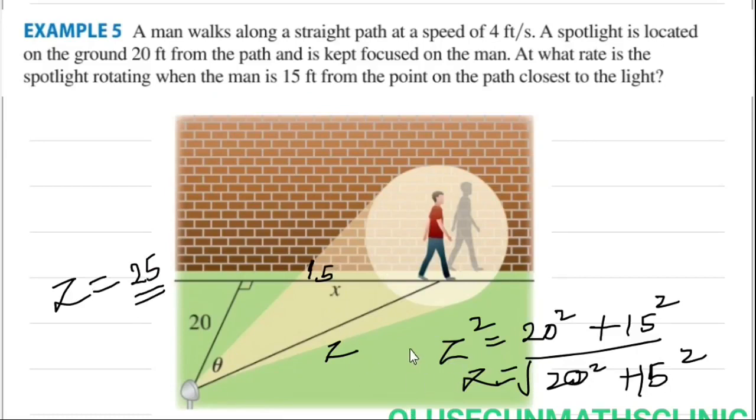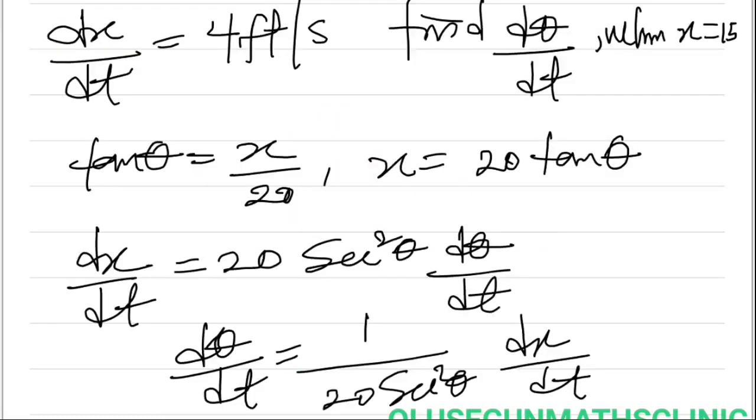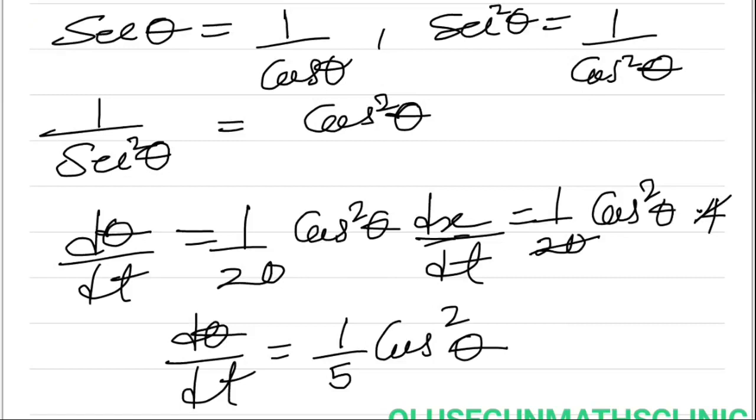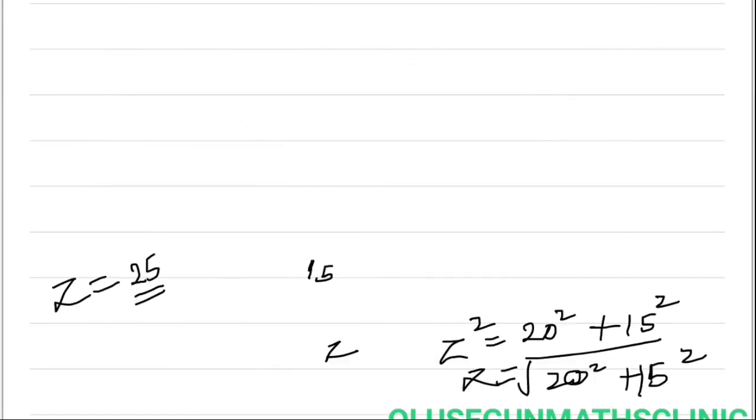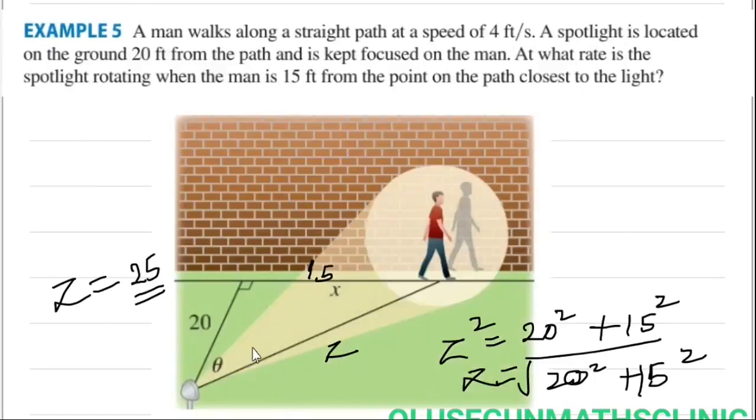So if our z is 25, let's find cos θ here.